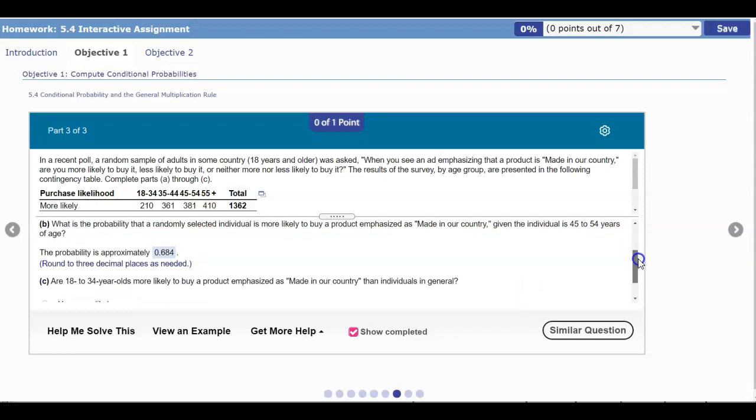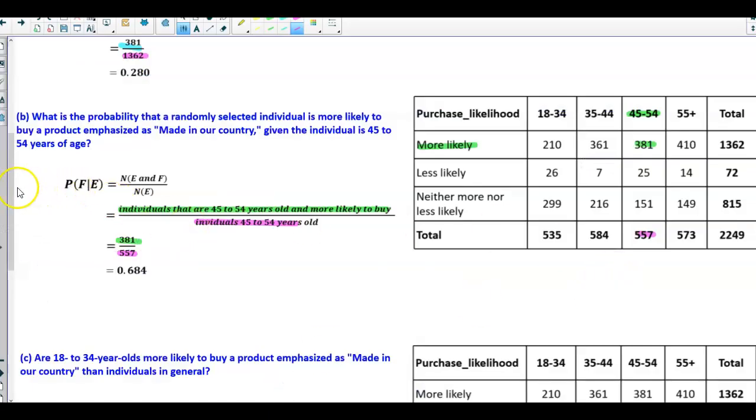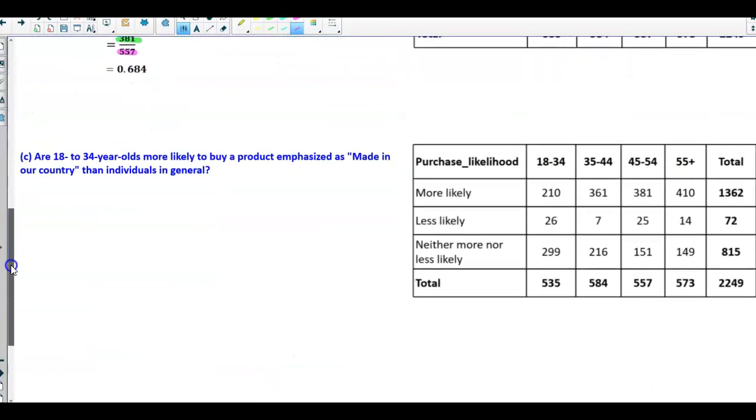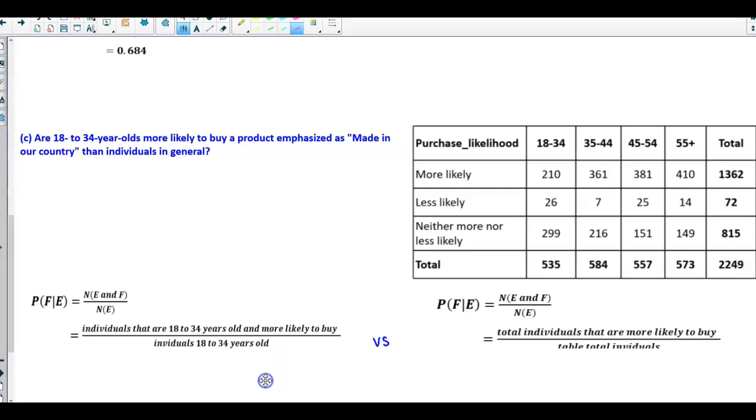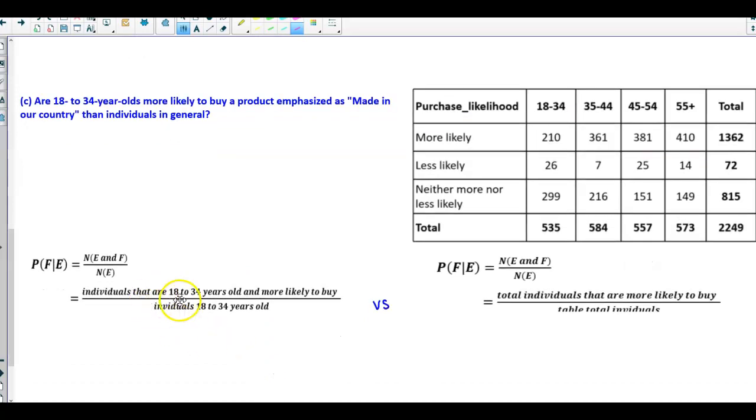Now the last part of this question says, are 18 to 34-year-olds more likely to buy a product emphasized as made in our country than individuals in general? So we need to compare two probabilities. In the first one, we want the probability of individuals that are 18 to 34 years old and more likely to buy.